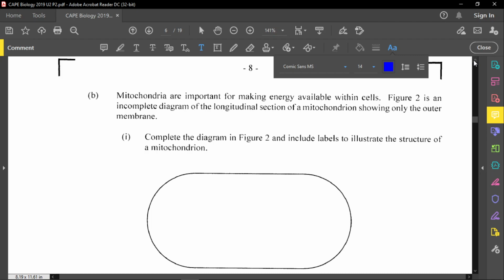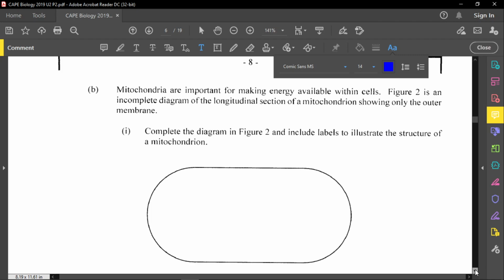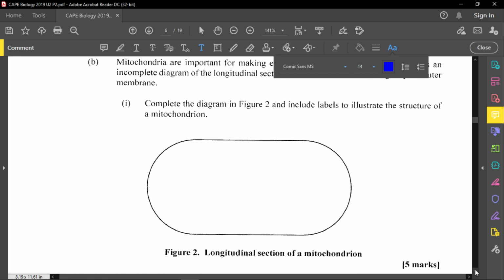So there is only the outer membrane being shown. All right, so complete the diagram in figure 2 and include labels to illustrate the structure of the mitochondrion. So they want us to complete this diagram here and also to label these different structures. And so they actually give us one part, which is the outer membrane.